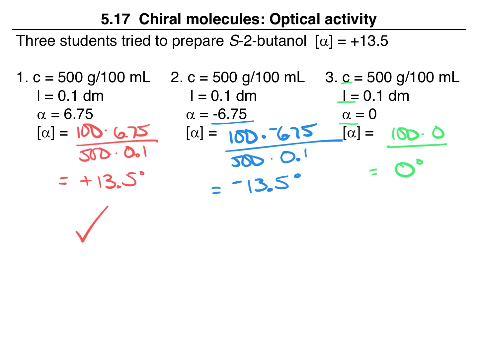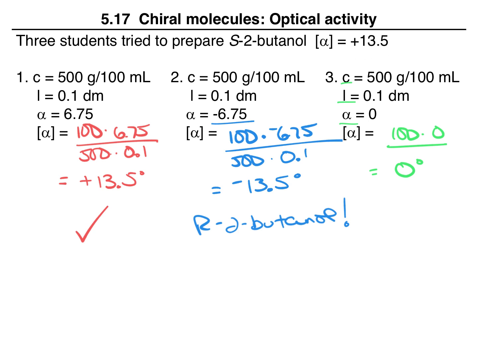Student 2 has a sample that has a specific rotation of negative 13.5, not positive 13.5. Well, this student made R-2-butanol. They made the enantiomer. Knowing the literature value of S is plus 13.5, then we know that R would be negative 13.5.